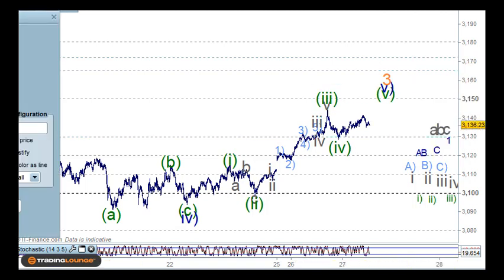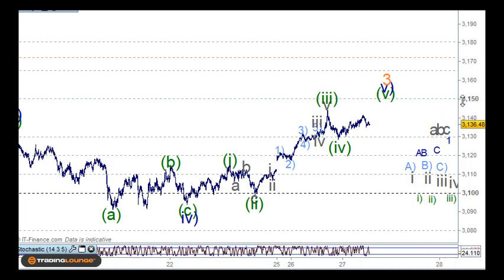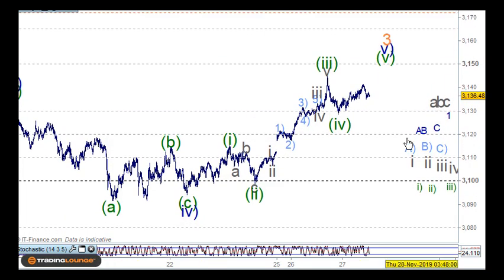So it's possible to get up there, but what we'll do is take one step at a time. Let's just have a look at the pattern that occurs at the 3150 here. Yes, it can go a little bit higher and so on, but we should be seeing something like from the low here, 1, 2, 3, 4 and 5, and then an A, a B and a C. And we'll be able to go in across here if that pushes up into the next level up, the classic trading levels pattern at this level here.